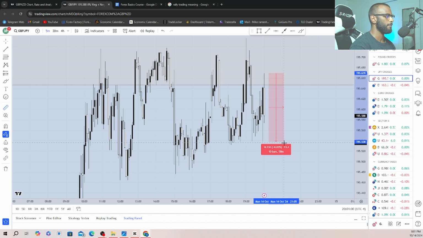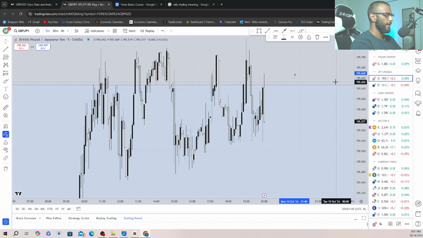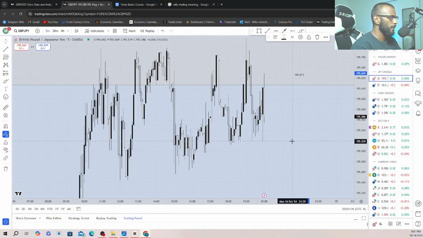That is 13 pips. You see this little number where I'm moving my cursor, 13.2? It's 13.2 pips. Now let me just give you the quick example. The high of this is 195.67, okay? And then the low of this is 195.54.